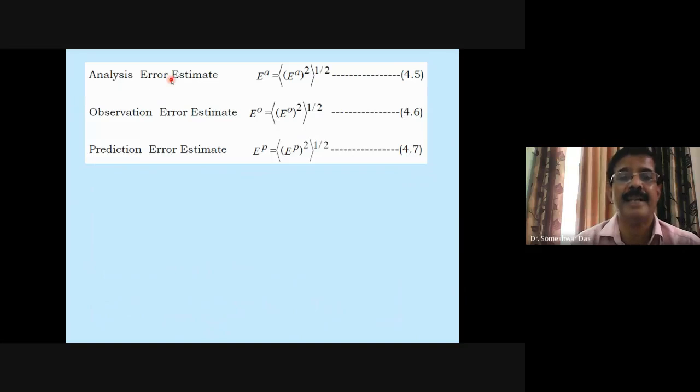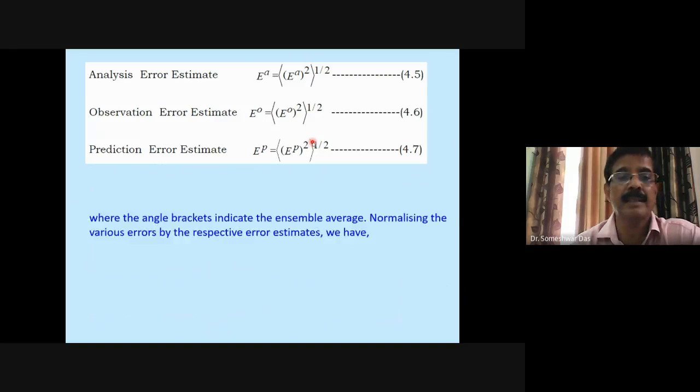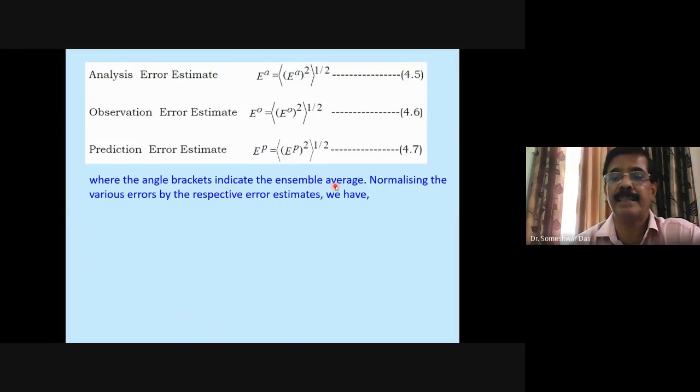The analysis error estimate, indicated by EA, equal to the angle bracket representing the mean of the square of the error, square root of the mean, like root mean square error. Similarly, the observational error estimate EO is the root mean square of this, and the prediction error estimate EP is the root mean square of this one, where the angle brackets indicate the ensemble average.